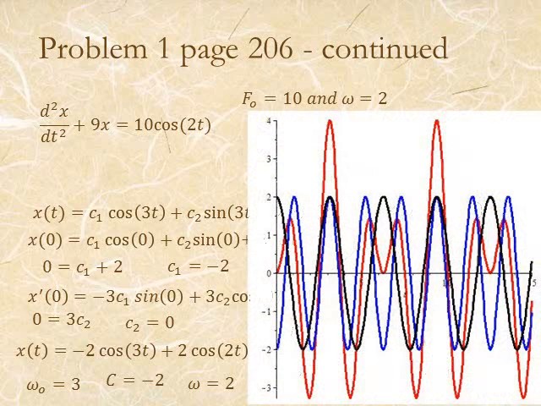So if we do that, we find out that the red graph is our solution to our non-homogeneous differential equation. Now the black one is our particular solution, and the blue one is our characteristic solution for our initial conditions.